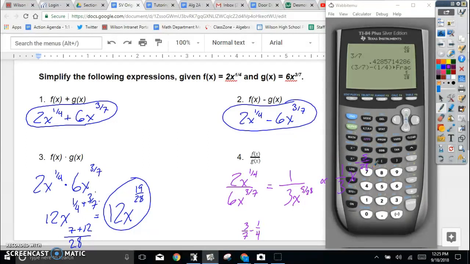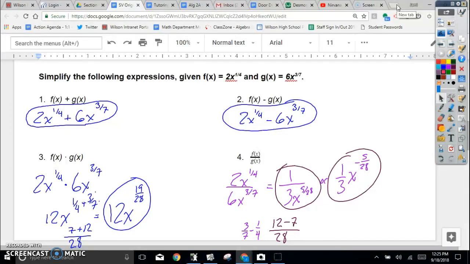It's the same thing. Now, as far as the common denominator goes, 28 is still the common denominator. You multiply him times 4, so 3 times 4 is 12. 7 times him, so it'll be 12 minus 7, and that's where this 5 comes from that you see. So this is good, or this is good. Either one is fine. All right?